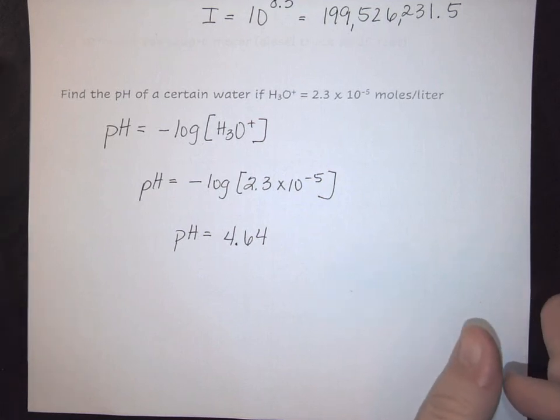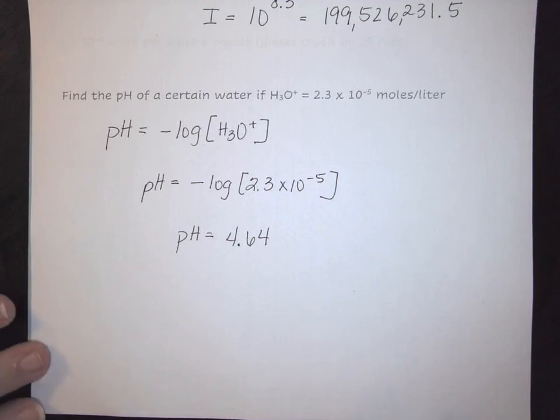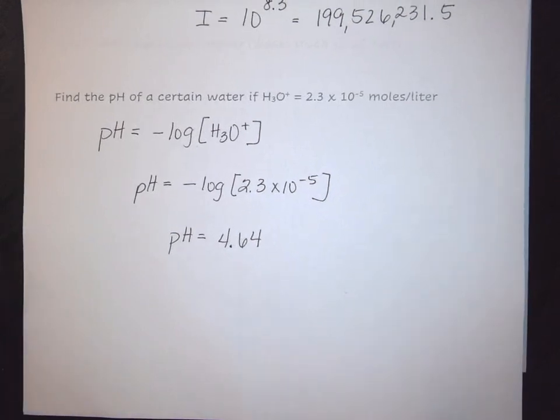Now we use this pH in order to determine the acidity or the basicity of a solution, meaning is it too acidic, and that can be very dangerous, is it too basic, which can be very dangerous, or does it fall within normal neutral standards. pHs are calculated in many different ways. We use them to evaluate water. We can evaluate the pH of a blood system to make sure that a person is functioning the way they're supposed to.